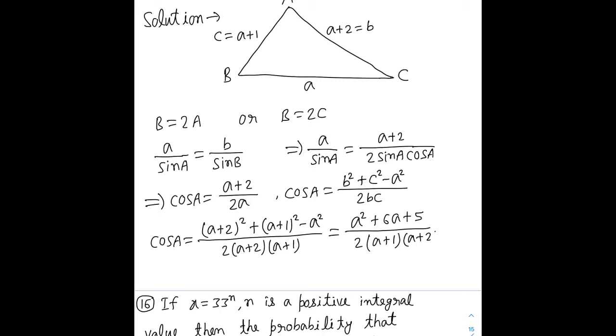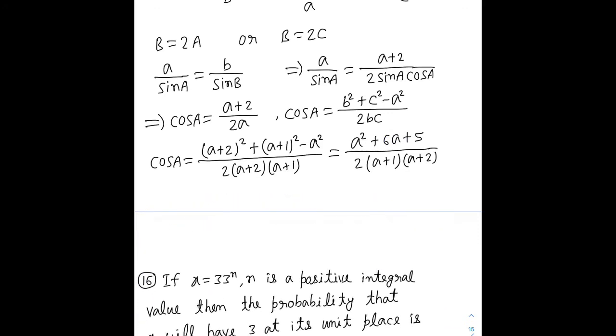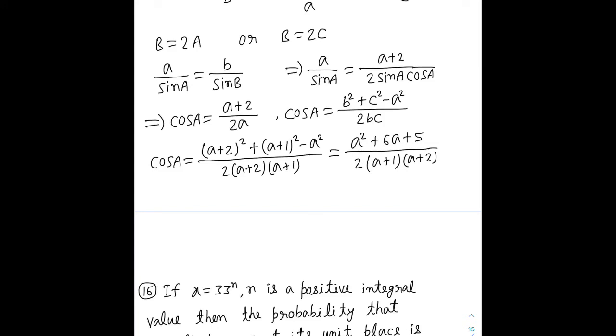Okay guys, now you can factorize this. When you factorize, you will get a plus 1 into a plus 5, because you can split the middle term 6a as 5a plus a. Now we can cancel a plus 1, a plus 1.